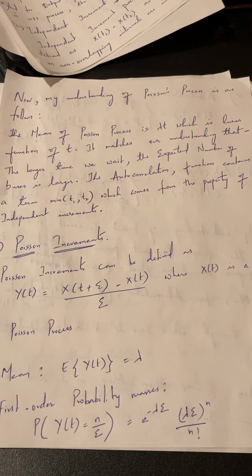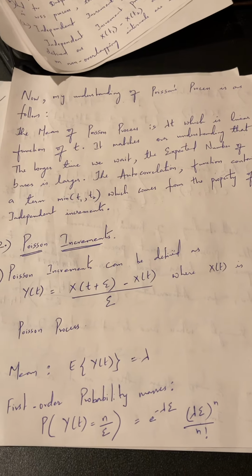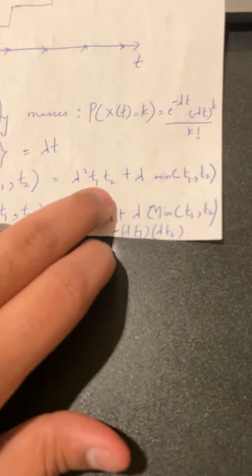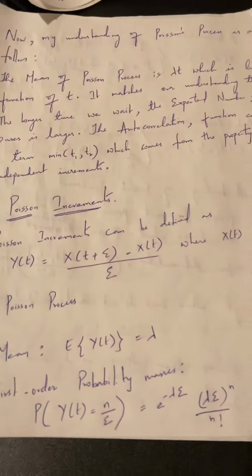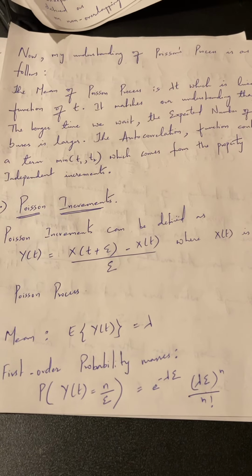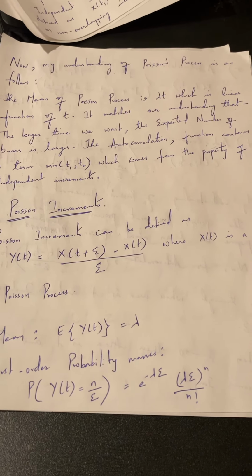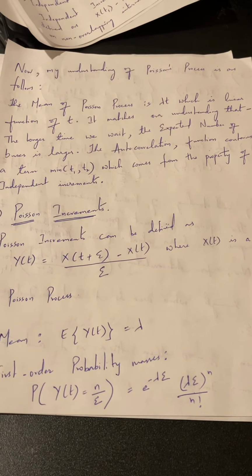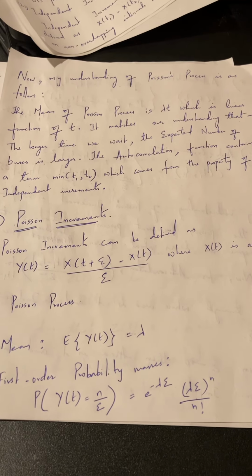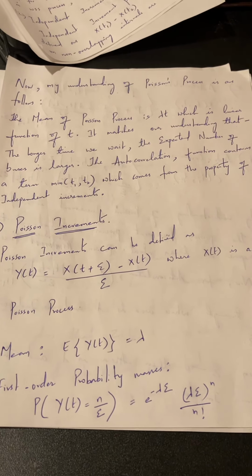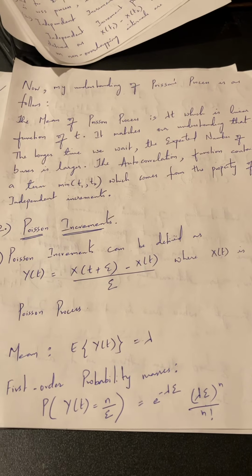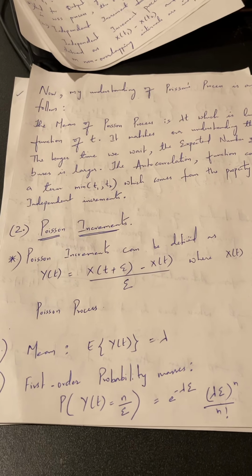The autocorrelation function contains a term minimum of t1, t2, which comes from the property of independent increments.